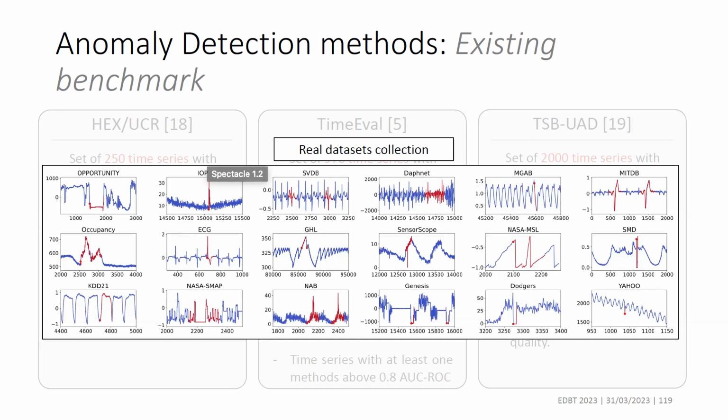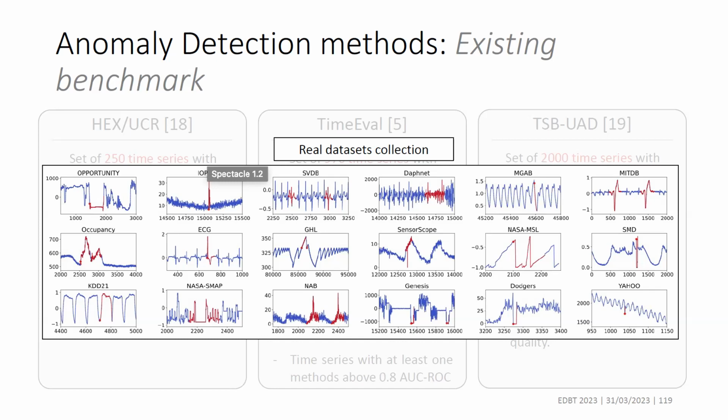Yes, this is a very good point. In TSB, there are not only periodic time series. You have something like Opportunity or IOPS that are more like measurements without any clear patterns. You have, of course, a lot of ECGs, which are periodic or at least cyclic. KDD21, which is in the XUCR, also contains a lot of periodic time series.